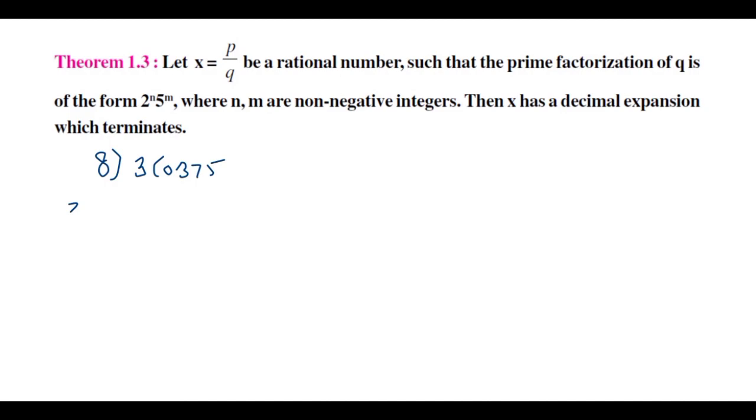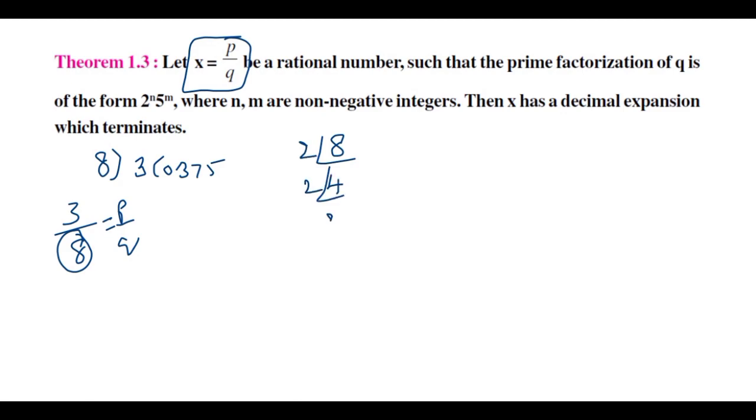How does it terminate? Compare the denominator of 3 by 8 with the P by Q form. Here Q is 8. If you divide 8 into prime factors, 2 fours and 2 twos, we write 8 as 2 cube. I wrote 2 cube, but there is no 5.